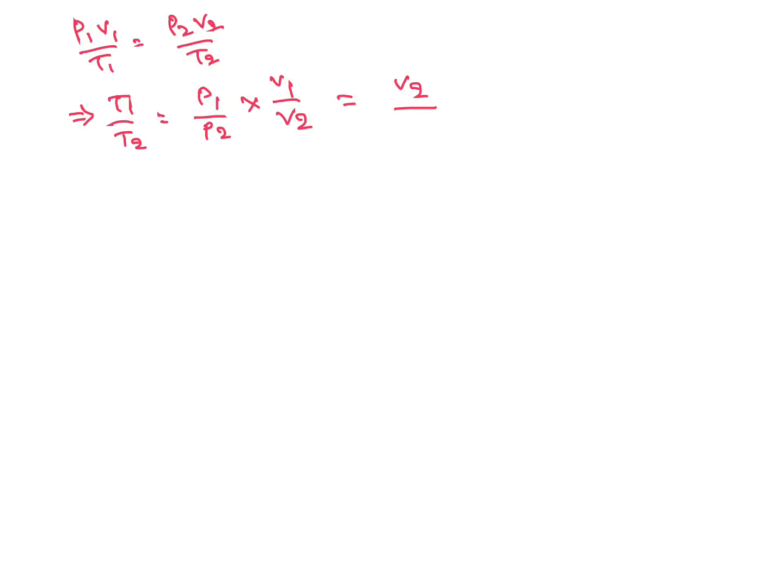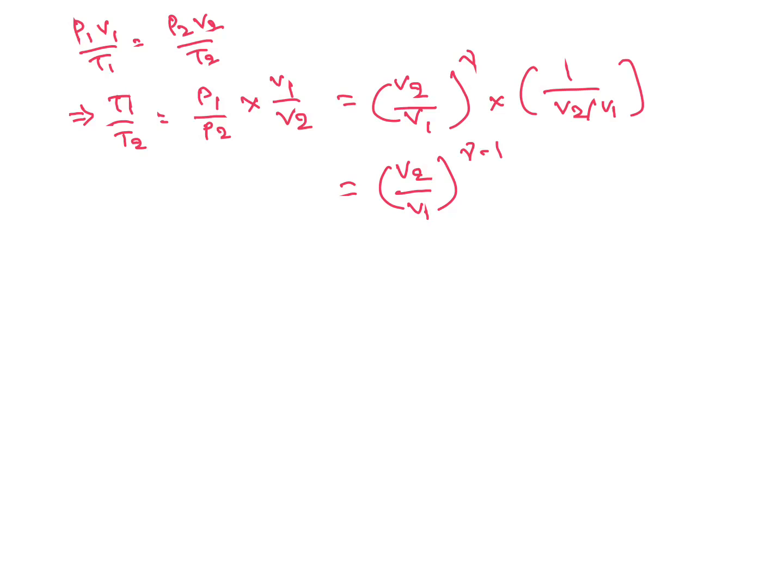P1 by P2 is V2 by V1 whole to the power gamma, and V1 by V2 we can write as 1 by V2 by V1. So finally we get V2 by V1 whole to the power gamma minus 1. This is T1 by T2 equal to V2 by V1 whole to the power gamma minus 1. Let it be equation 3.